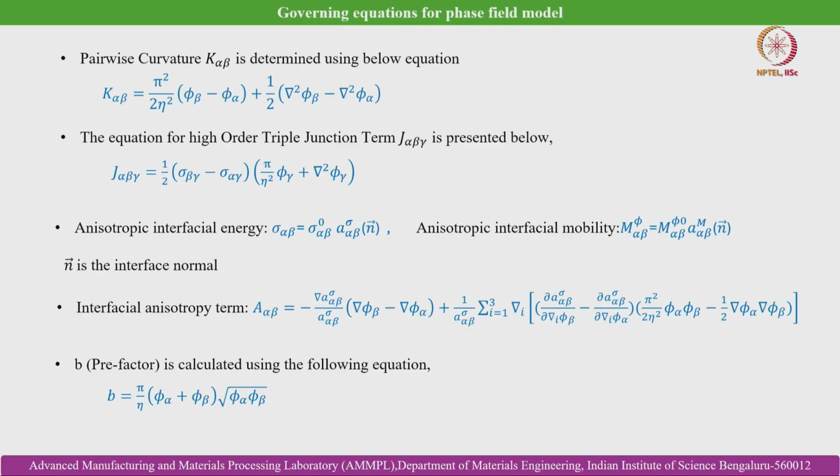Pairwise curvature K_αβ is determined using the following equation, that is K_αβ is equal to π²/(2η²) into (φ_β − φ_α) plus half (∇²φ_β − ∇²φ_α). Okay.